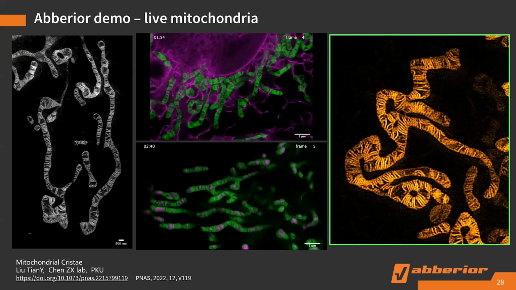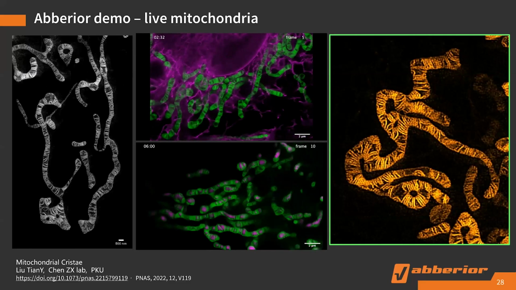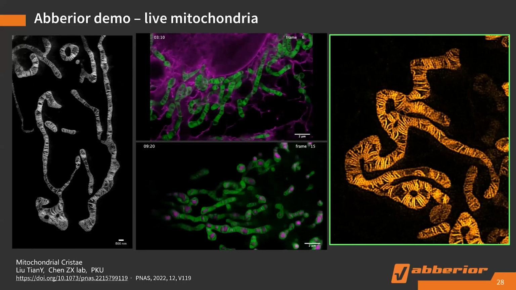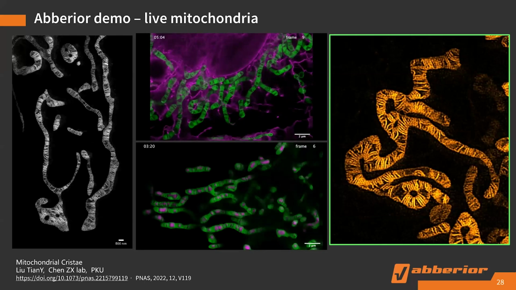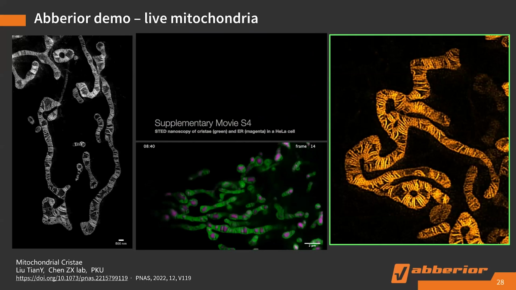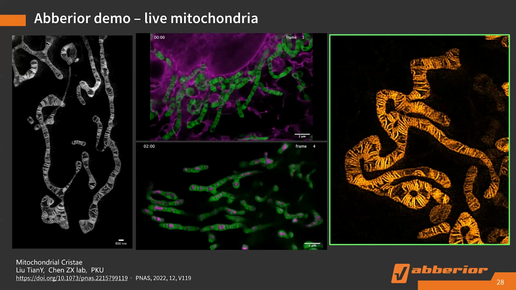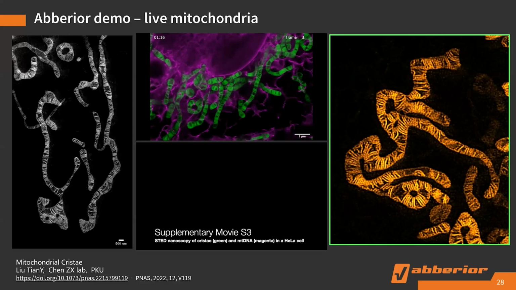As you can see here, we can image the live mitochondria cristae, even in two colors. We can image every crista of the mitochondria. The distance between mitochondrial cristae is 20 to 50 nanometer. So with our system, we can resolve each one of them. If you image this in a confocal or in a spinning disk or in a SIM, you only see 2 or 3 thick stripes because of the limit of the resolution.